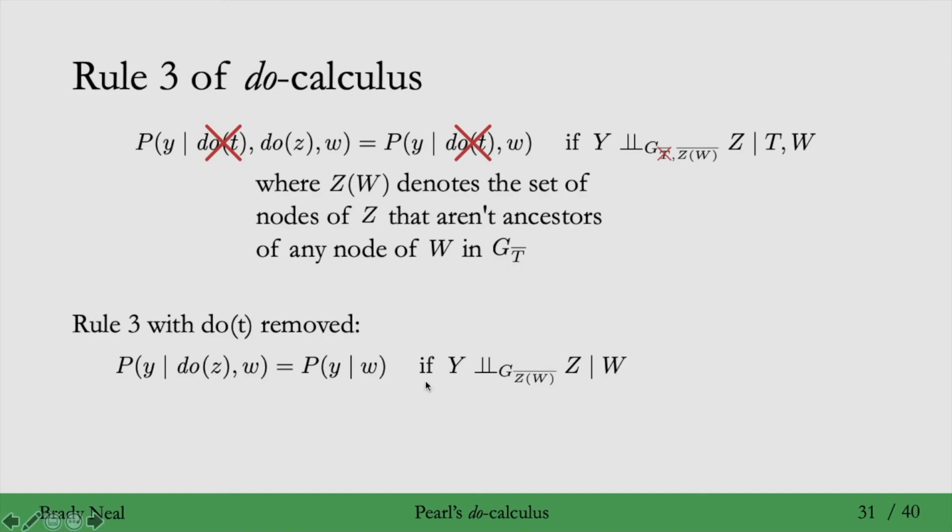That gives us this: if y is d-separated from z by w in the graph where we remove incoming edges to Z(W), then we can just remove the intervention on z. So here p of y given do z comma w is the same as p of y given w.